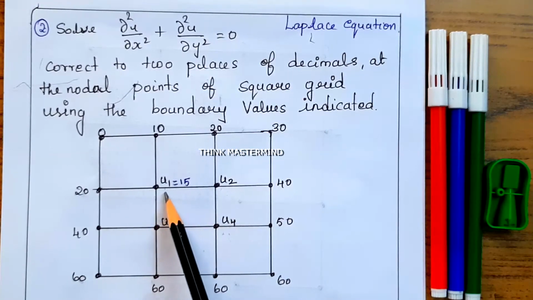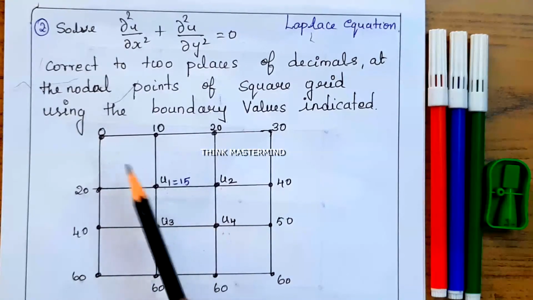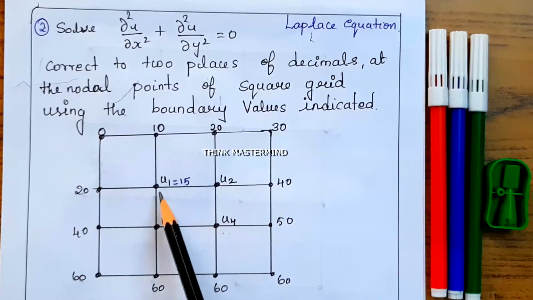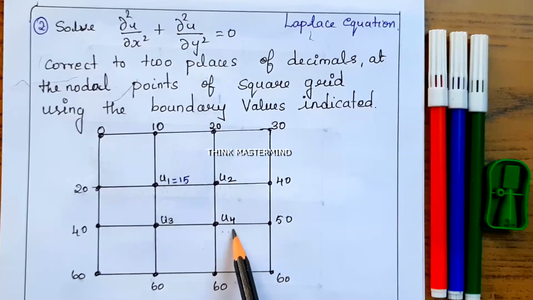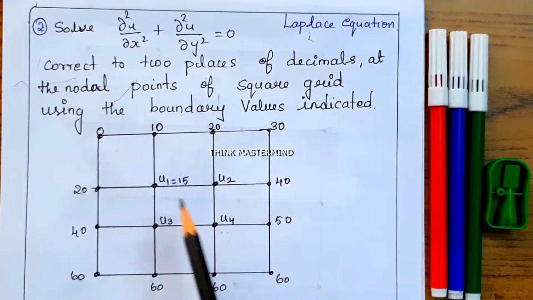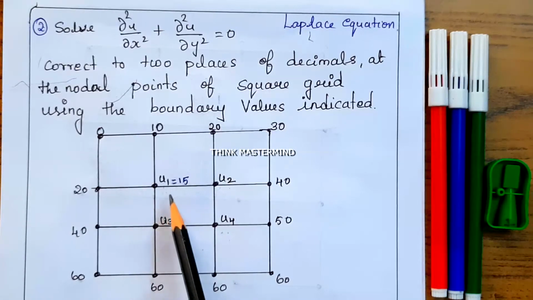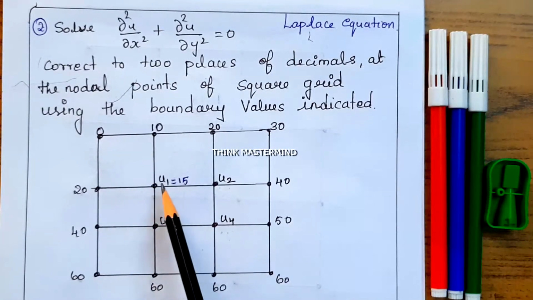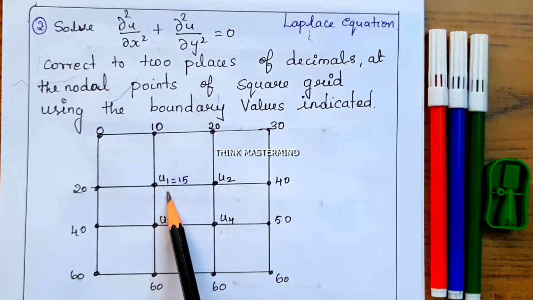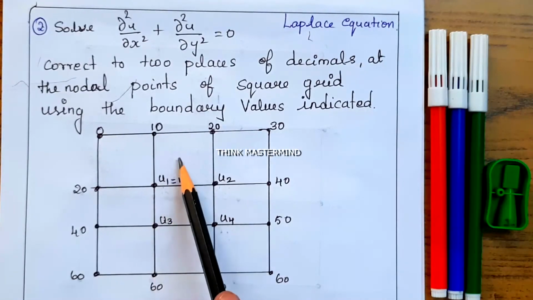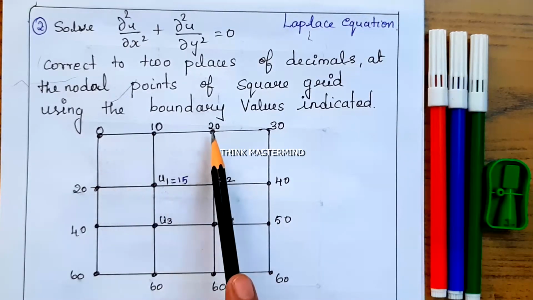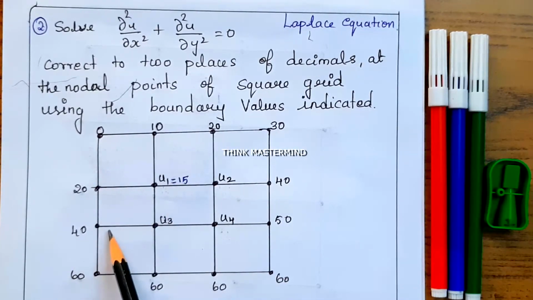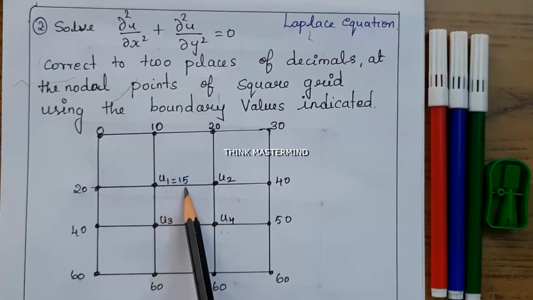Then to find u1, you can use the diagonal 5-point formula, since in the standard 5-point formula u2 is unknown. So using the diagonal 5-point formula, u1 is equal to 1/4 times (0 + 0 + 20 + 40), that is 60/4, which is nothing but 15.